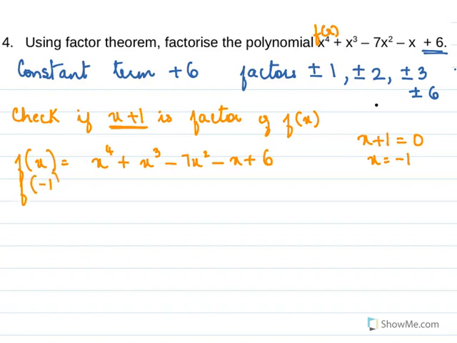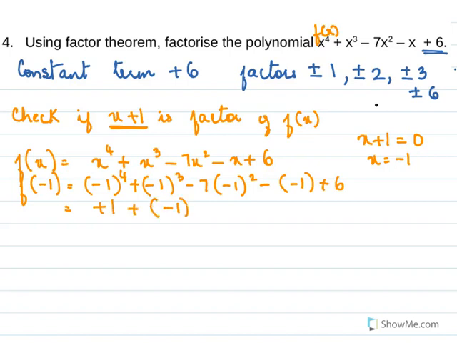So we do f of minus 1. Wherever there is x, I put minus 1. So this is plus 1, this is minus 1. Here minus 1 raised to 2 is plus 1, plus 1, plus 6. Just to remind you, when minus is raised to an odd number, you get minus.